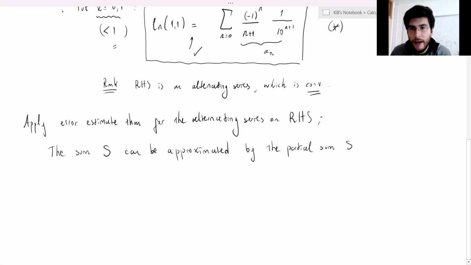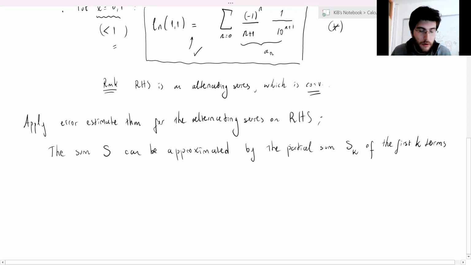Let me denote by S_k the partial sum of the first, this is important, the first k terms of the series, with, remember, our theorem makes sure that the error we are looking for is less than or equal to the first omitted term.